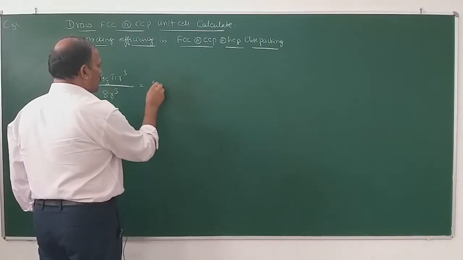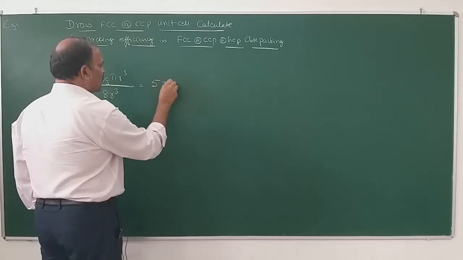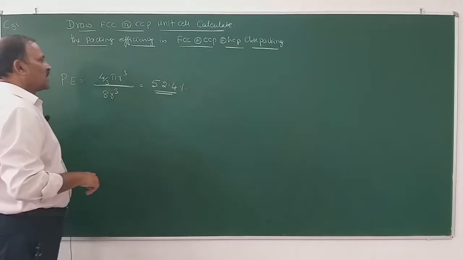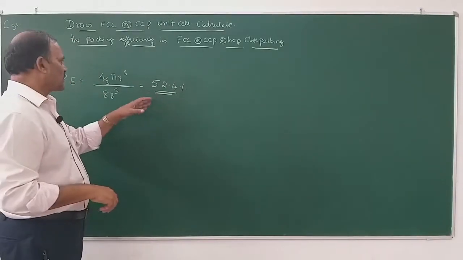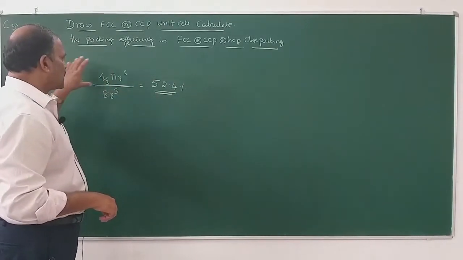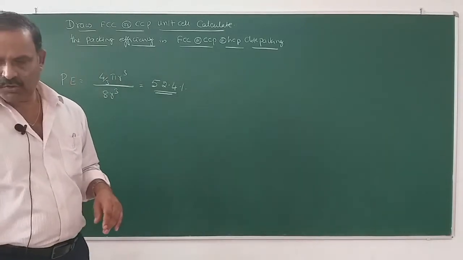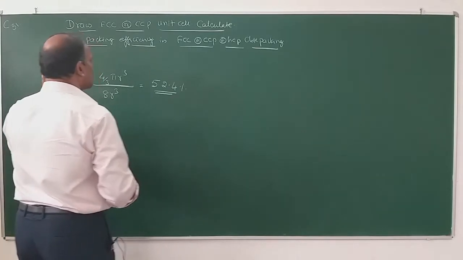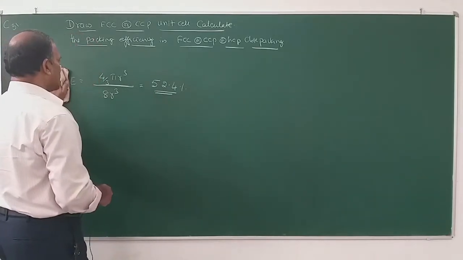It is not 54%, make the correction. It is 52.4%. So, the answer is 52.4% packing efficiency in the case of the simple cubic unit cell. So, please make one correction here: 52.4%.